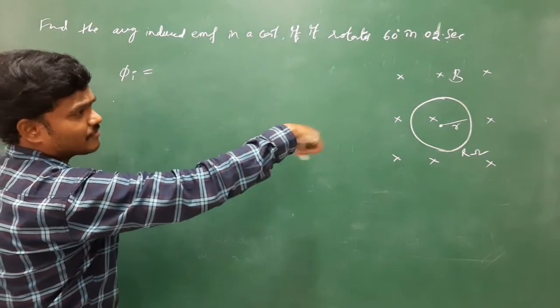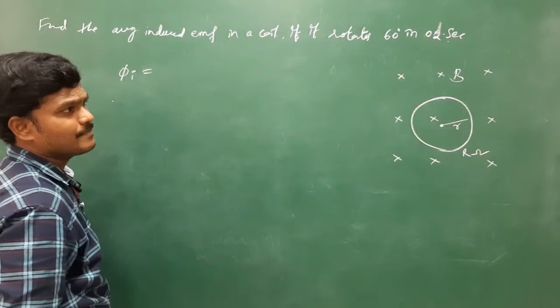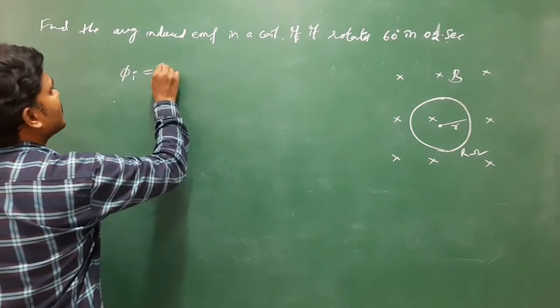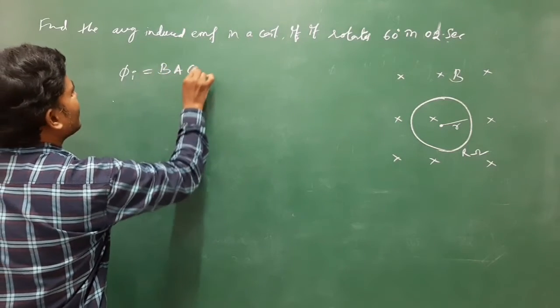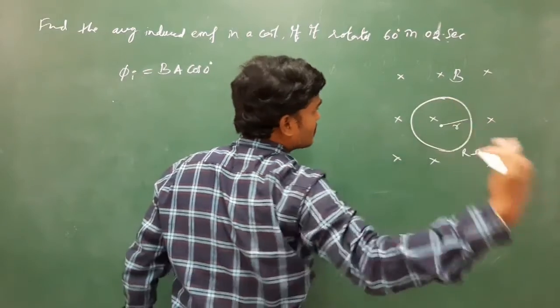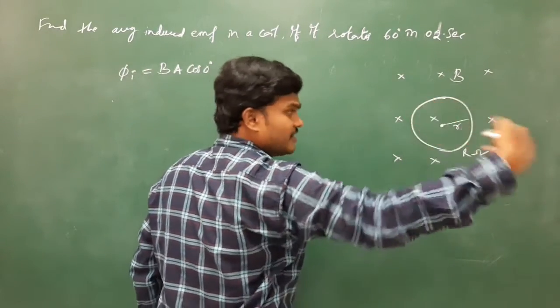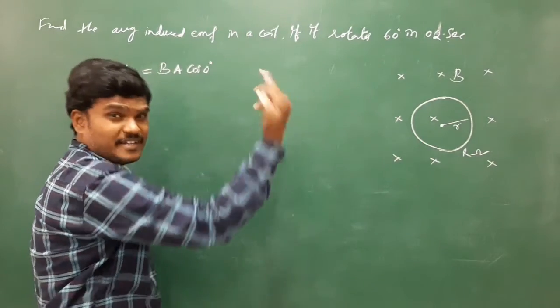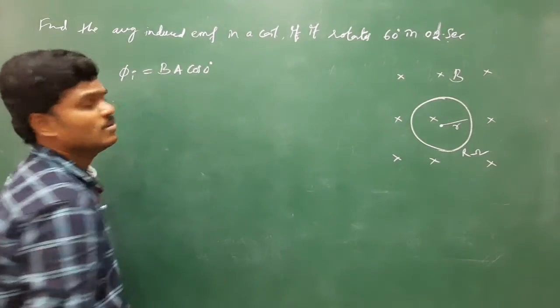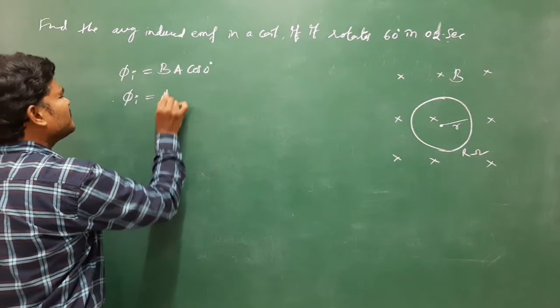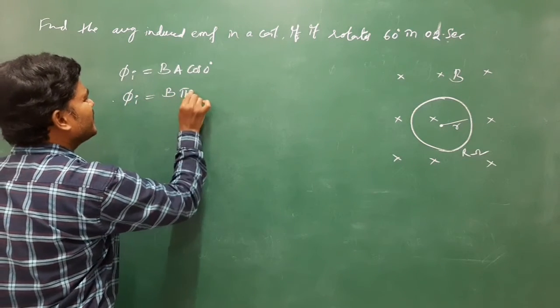Initially the plane of the coil is normal to the magnetic field, so B A cos 0. Area is into the board, field is into the board. The angle between B and A is 0, cos 0. So initial flux is B π r squared.